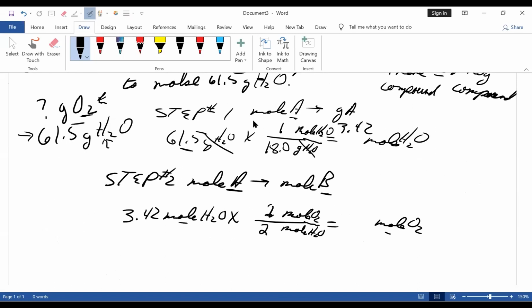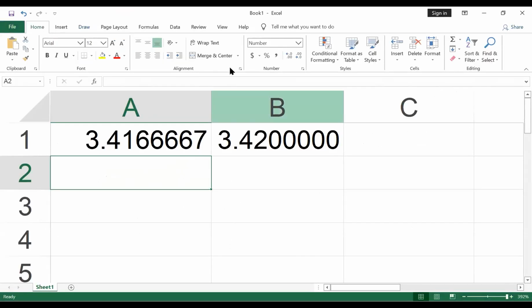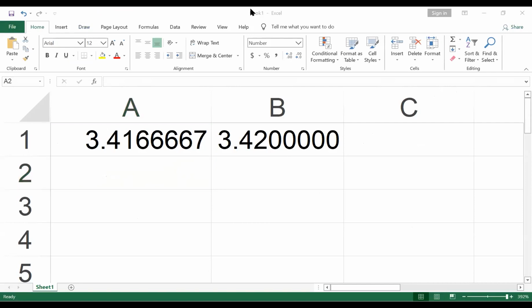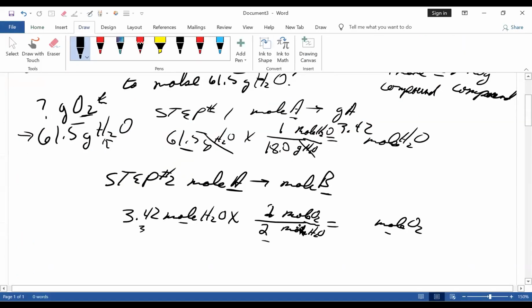And these are exact numbers. Therefore, I have 3 significant figures. I should end up, because I'm rounding off at each step. So now I'm going to go back to my calculator. Let's go back and look at this again. I'm going to divide this number by 2.